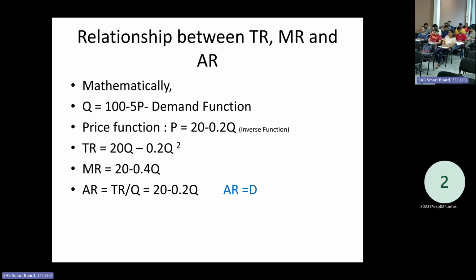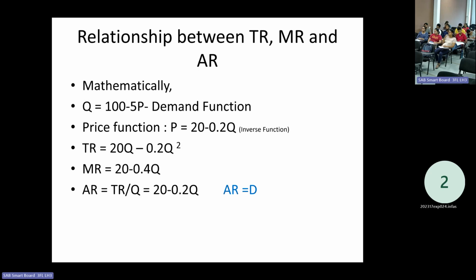Differentiating: Q to power 1, 1 minus 1 means 0, that means 20. 2 into 0.2 is 0.4, and 2 minus 1 means Q to power 1. So the MR is 20 minus 0.4Q.